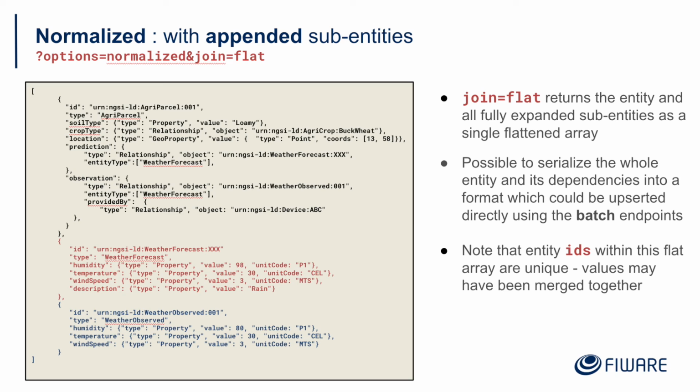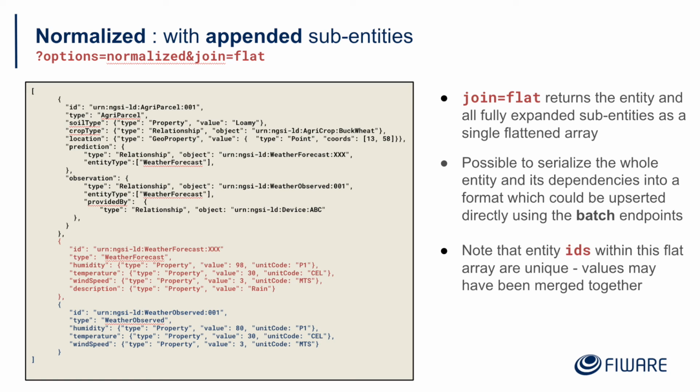So you've got all the information back in a standard format. Each entity is a separate entity, and then you can obviously use this information to make some sort of inference. In the case that there were multiple relationships to the same entity, it would only appear once in this array. You wouldn't get it more than once, so they're merged together.